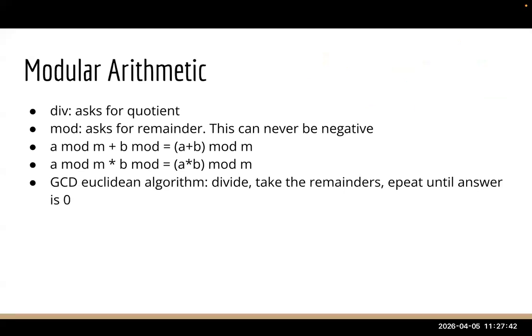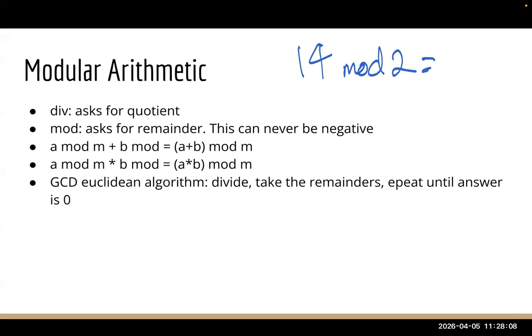Now, mod basically asks for the remainder, and the one rule of mod is it can never ever be negative. So 14 mod 2. There is no remainder left when we divide 14 by 2.